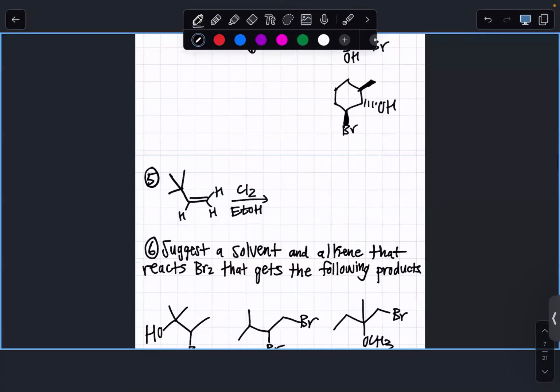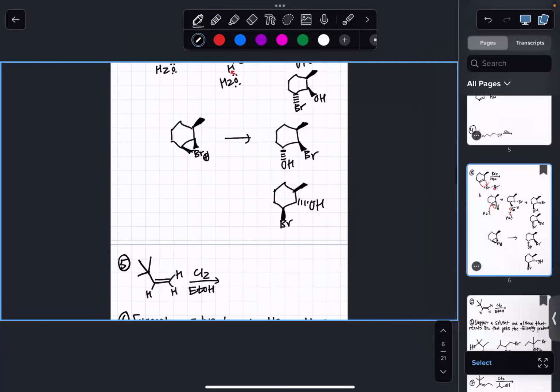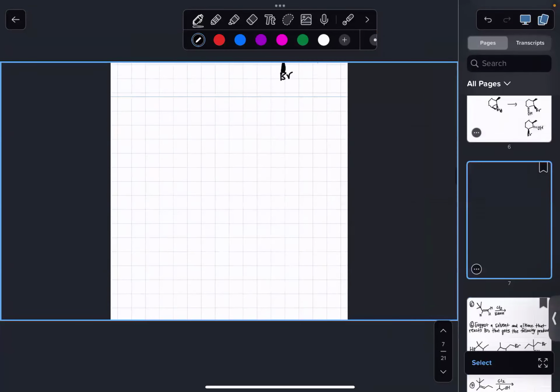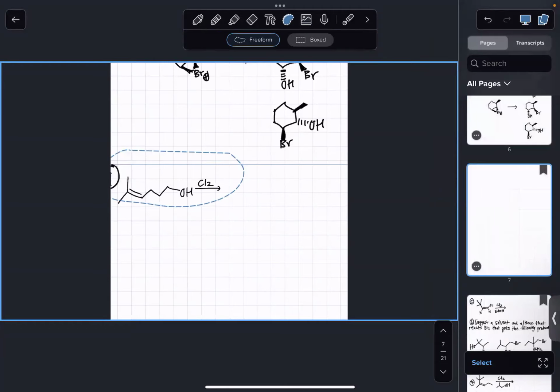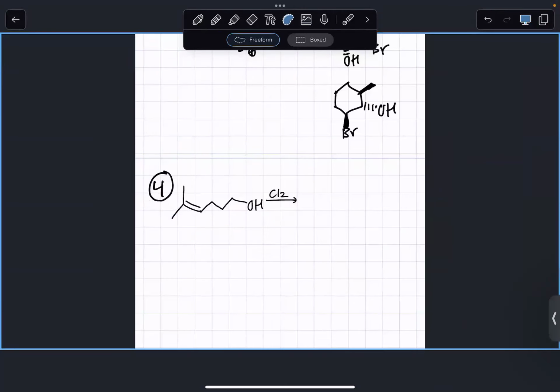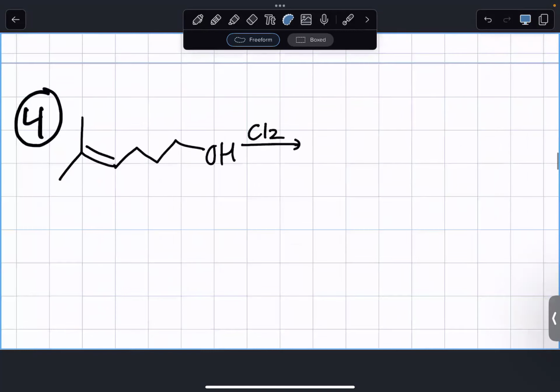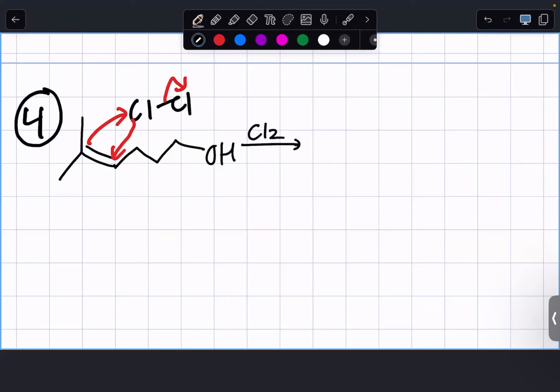Okay, let's move on to the next one. This one here is a tricky one. So the first step of this mechanism is that the alkene is going to attack the chlorine, kick out the other chlorine, and then the chlorine that got attacked attacks the other side of the alkene at the same time, right?